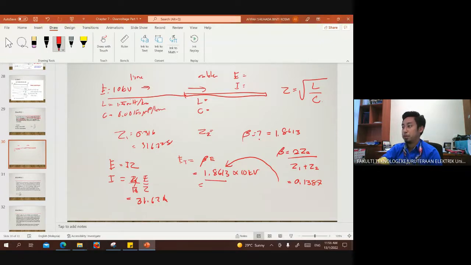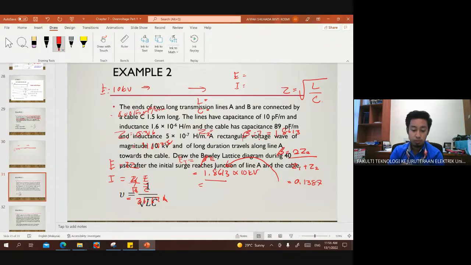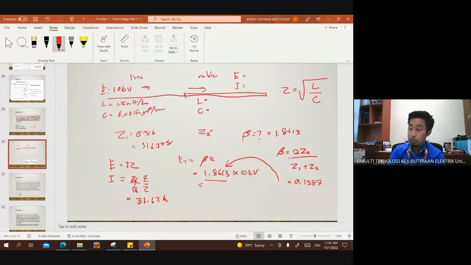Saya nak semua take part dalam discussion kita. Okay, Afina dapat, Muaz. Okay, nilai Z2 tadi 20. Nilai Z2 sama dengan 23.57.